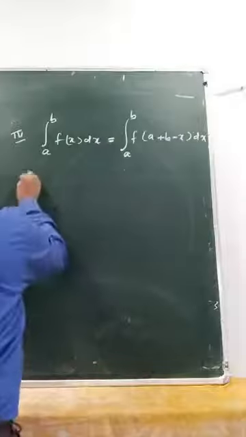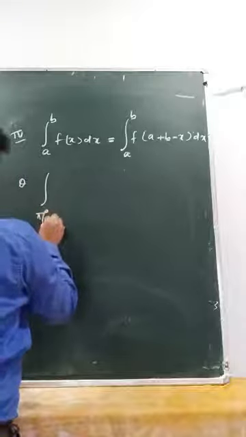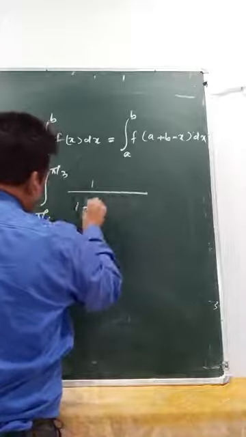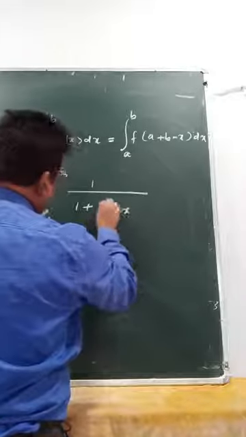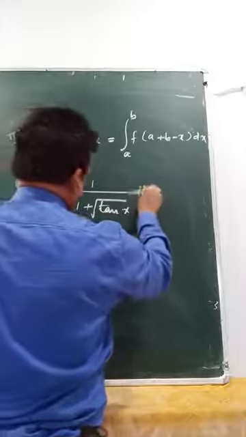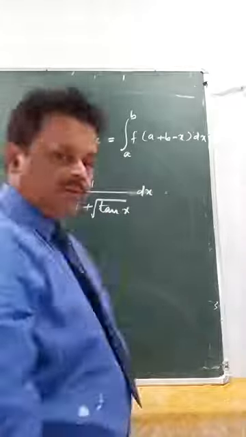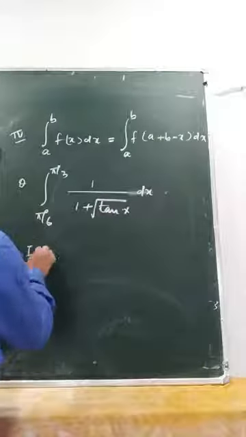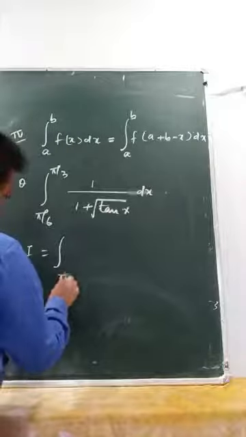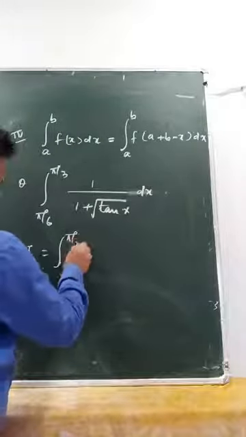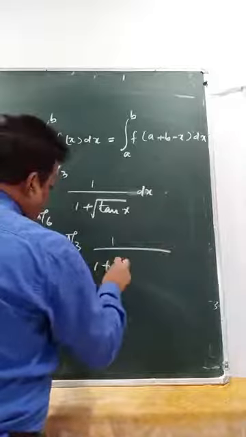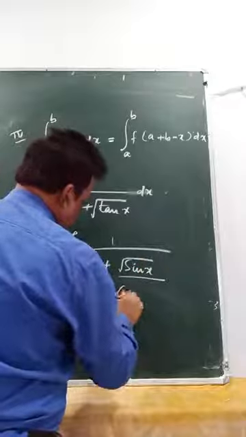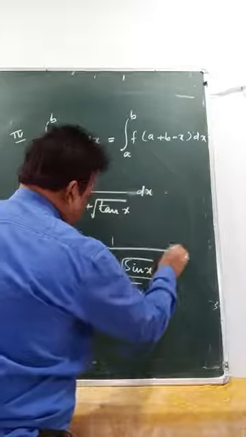Suppose you get a question: integral from pi/6 to pi/3 of 1 by 1 plus the square root of tan x. Okay, then how to solve? What you have to do? You have to simplify. I equals integral from pi/6 to pi/3 of 1 by 1 plus root sin x over root cos x, dx.